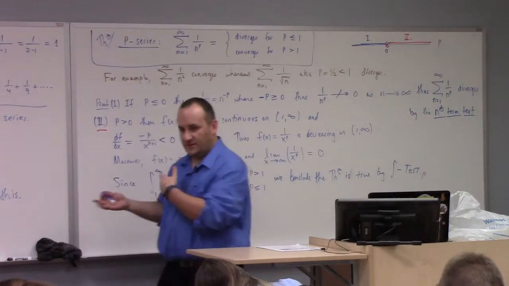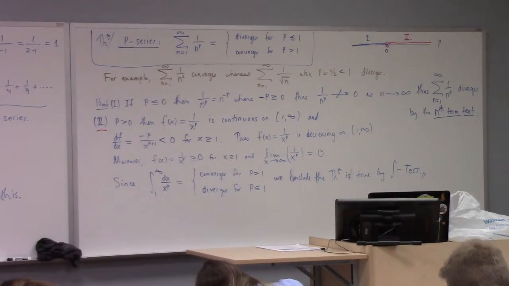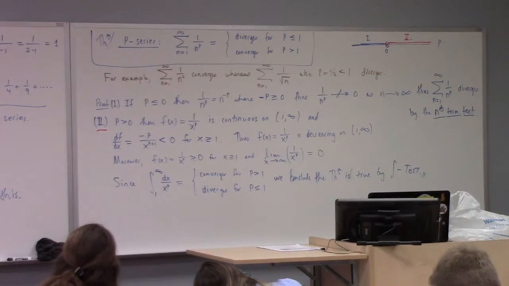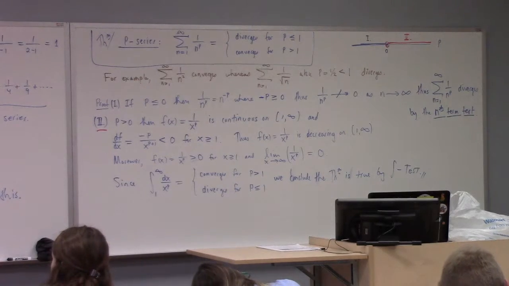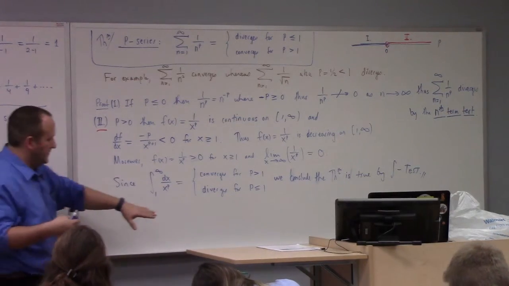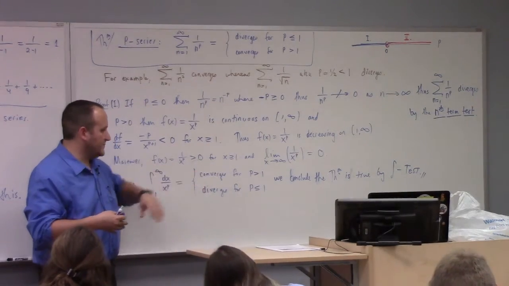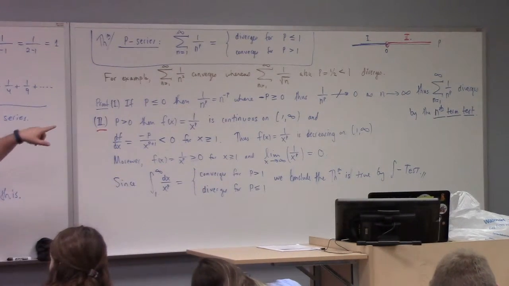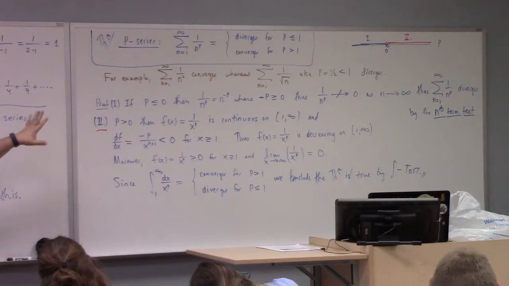To be clear, I'm only comparing the improper integral to the series in case 2, when p is positive. So I'm not even really using the full test we found for the integral, because when p is less than or equal to 0, I actually use the nth term test instead to prove divergence in that case, okay?